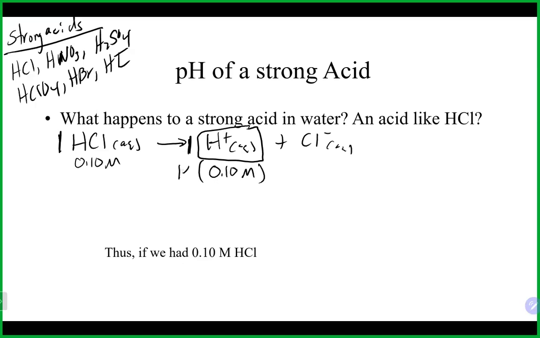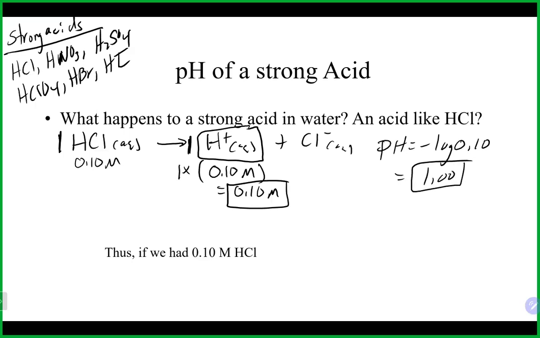So really, we do have the concentration of H plus, which would be 0.1 molar, and that would be all that we would need to go into the pH at this point. So we could go right into the pH equation. Now we'll get a pH of 1, which is acidic in this case.